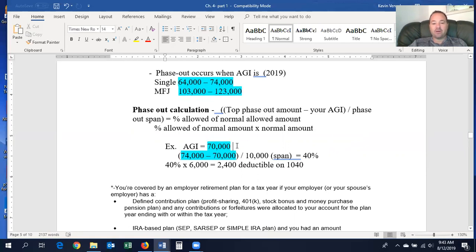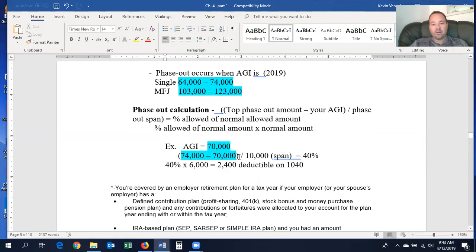So my example here is, what happens if I'm single and I make 70,000 AGI? How much can I put in and deduct from an IRA? Well, I have to do the phase out. The top phase out is 74,000. Subtract out what my AGI is, 70, and then divide it by the span, $10,000.